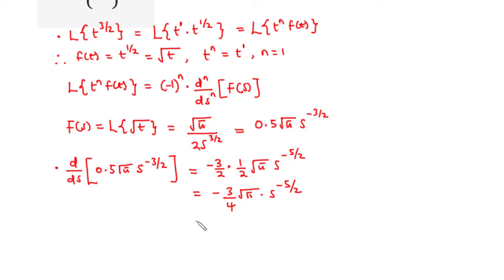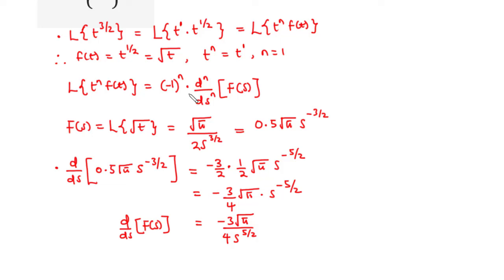And that can as well be represented as -3 times square root of pi over 4 times s exponent 5 over 2. So that is ds of f of s.